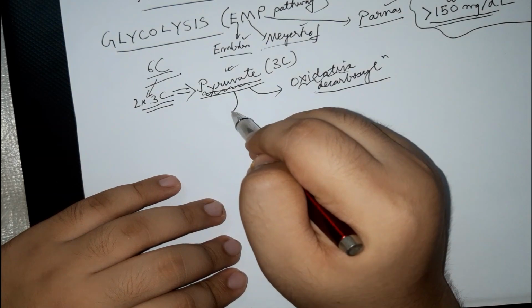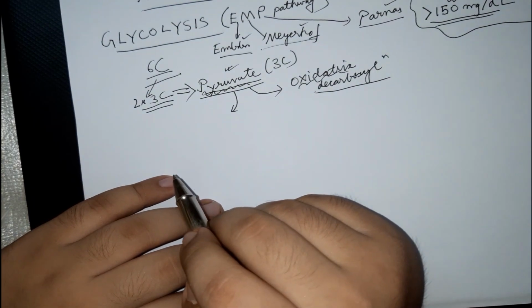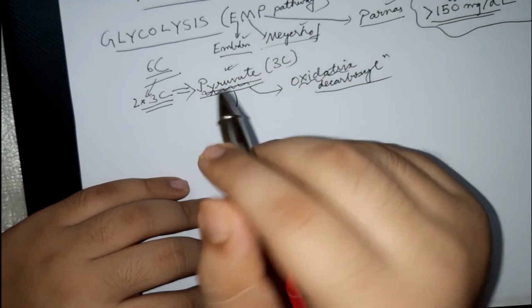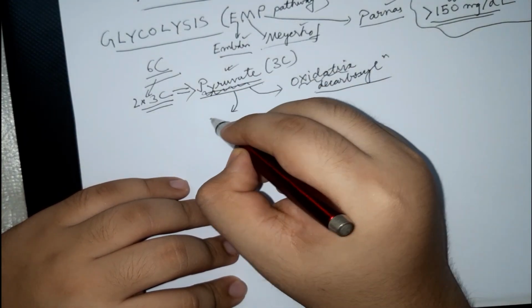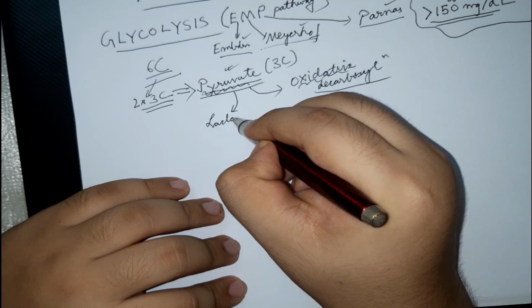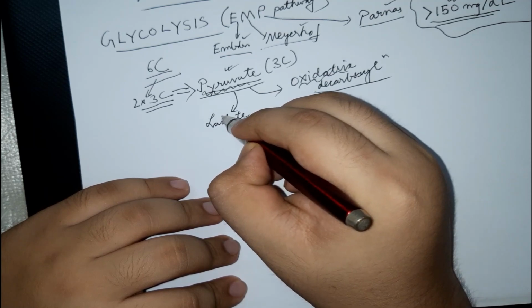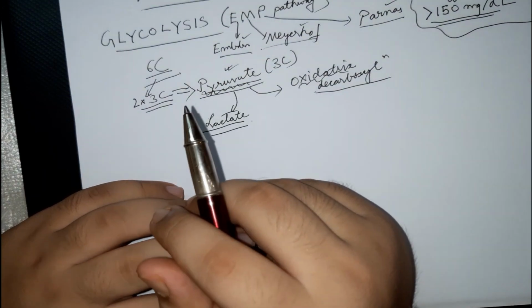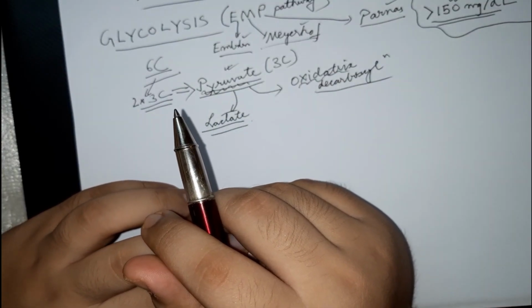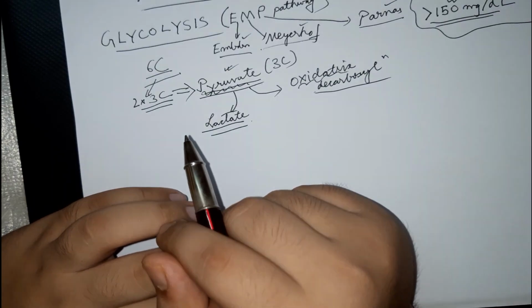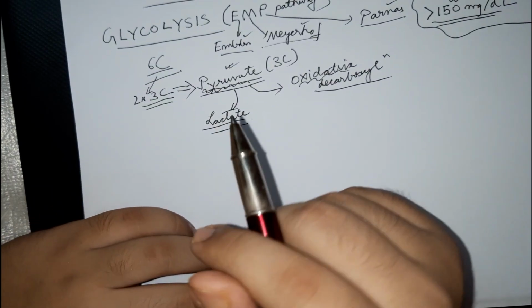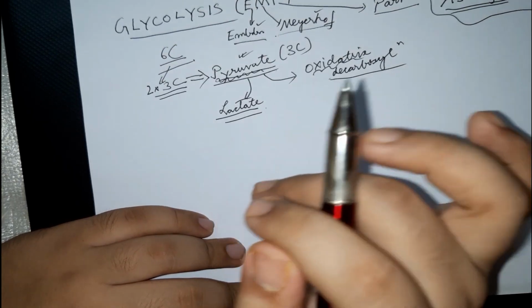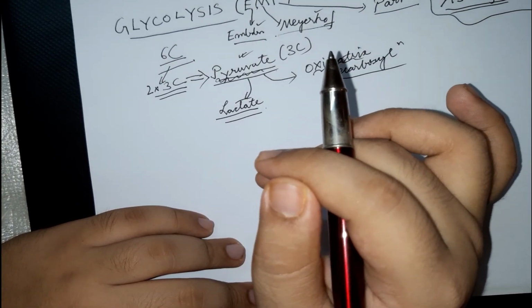But if the conditions are anaerobic, oxygen is not sufficient, then pyruvate will be converted to a special compound known as lactate, by the enzyme lactate dehydrogenase, right? So anyways, that's the fate of pyruvate, and pyruvate itself is formed as the end product of glycolysis, right?